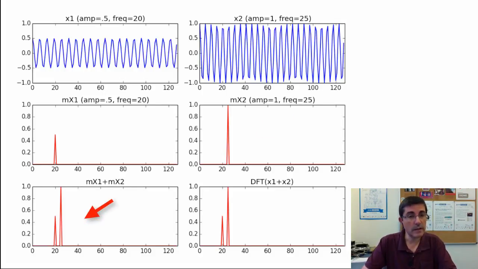On the left plot we can see the sum of the two magnitude spectra. But if we had computed the DFT of the sum of these two sinusoids, the result would be the same. So the DFT of summing x1 and x2 is the same as having summed the two DFTs. And this is basically a result of the linearity property of the DFT.